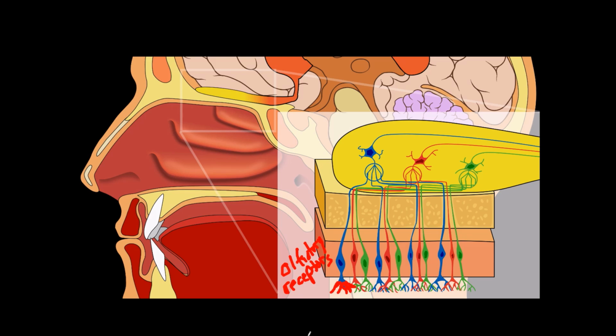Also in this area, we'll have different types of cells as well in the olfactory mucosa. Alongside these olfactory receptors, we also have support cells. S-U-P-P-O-R-T, support cells. And these support cells are going to be creating this mucus layer that is covering up the ciliated ends of these olfactory receptor neurons.